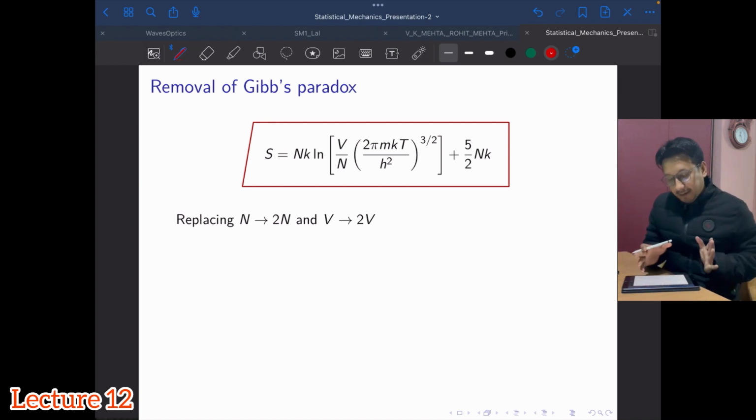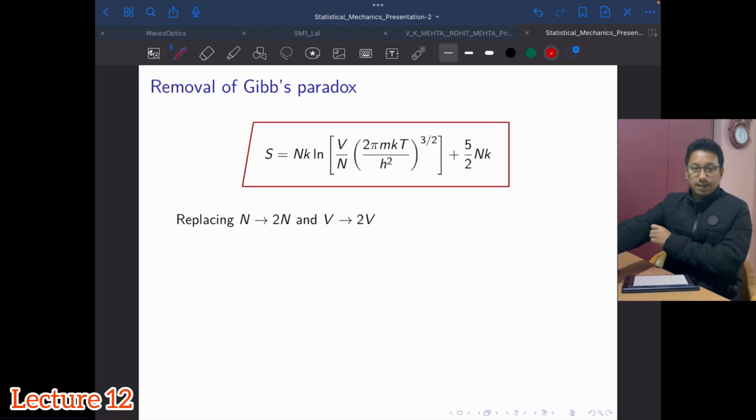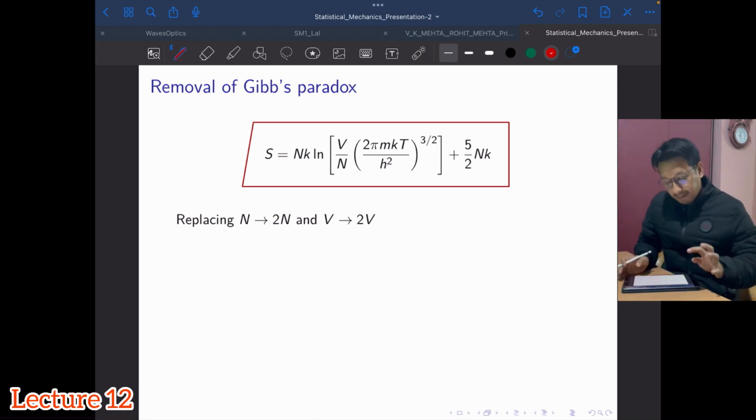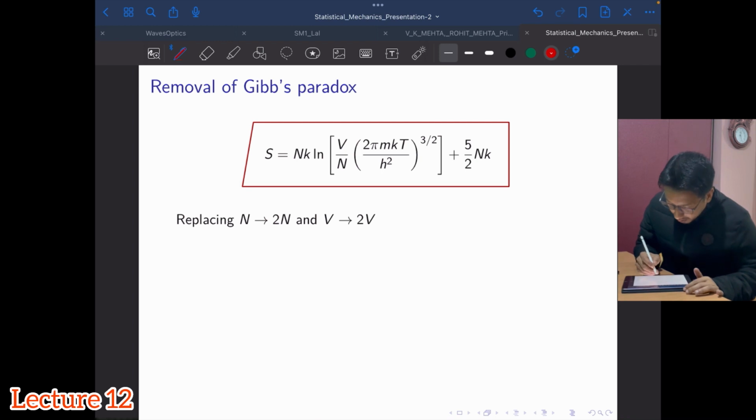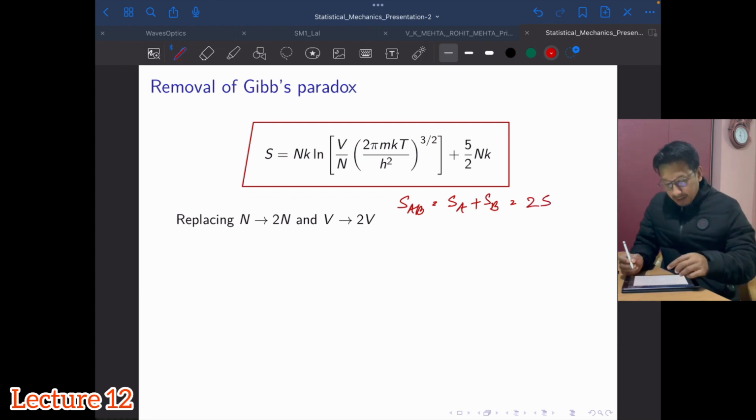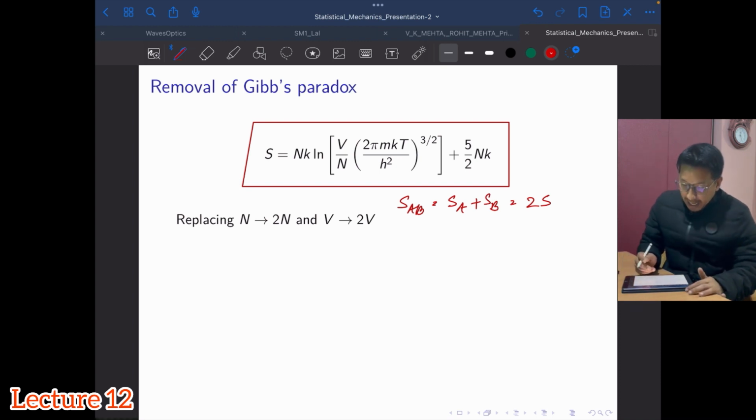Now for the combined system, the volume of systems A and B is the same and the number of particles is the same. So S_AB, which is equal to S_A plus S_B, is twice S, right? Because N is the same, V is the same.